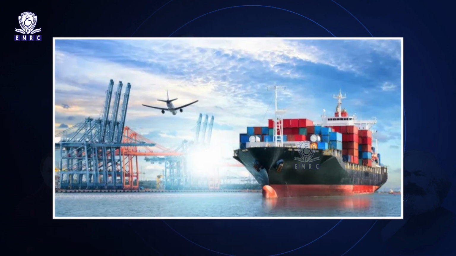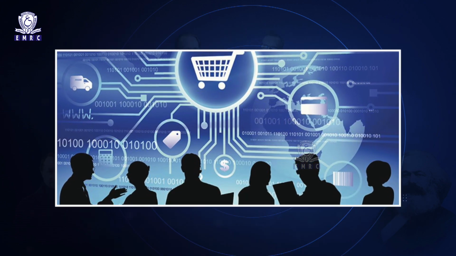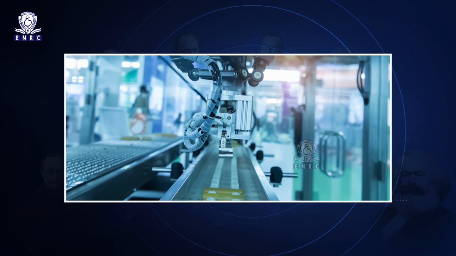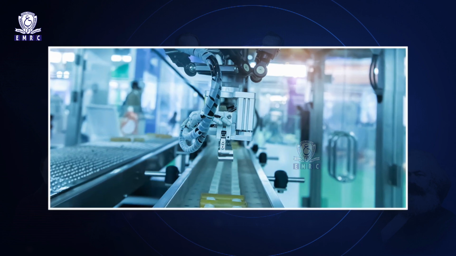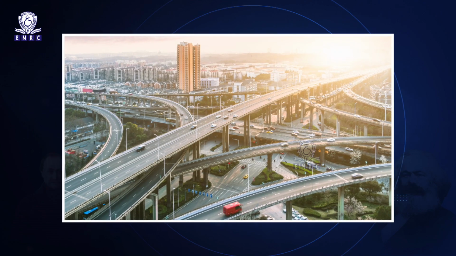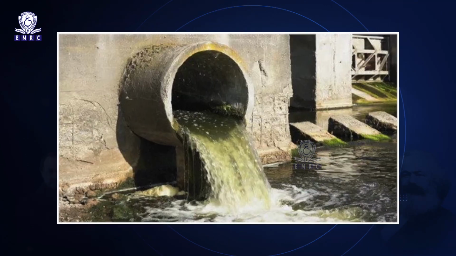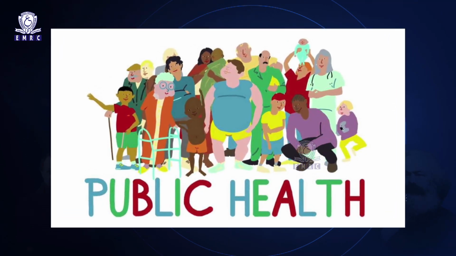However, these urban centers or cities have come up due to increased activities in the tertiary sector like trade, commerce and services, which depend upon industrial and manufacturing products for sale, transportation, infrastructure, water, sewerage, public health and so on.